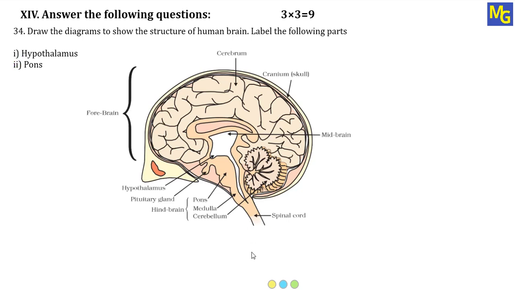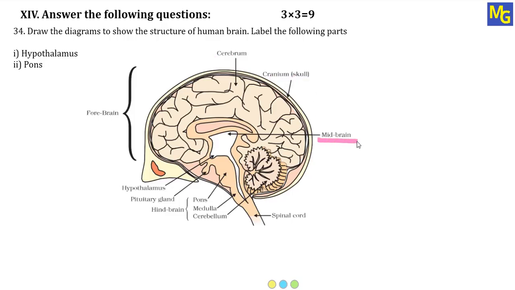Whenever we practice or solve any previous year question papers, you should practice with all the labelings. But whenever you are writing exams, then you have to label whatever parts have been asked. So here you can see this is called cerebrum. This is cranium or skull.